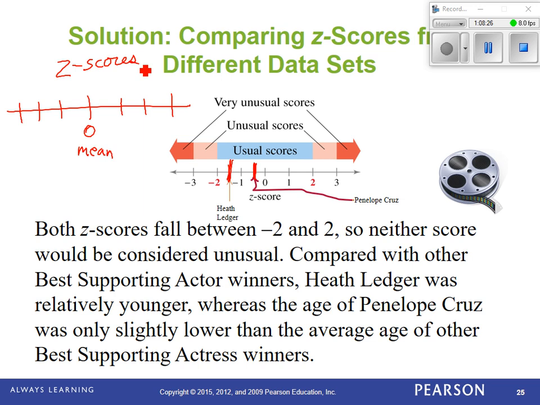This number is just 1 because it stands for 1 standard deviation above, 2 standard deviations above, 3 standard deviations above. And down here it's going to be -1, -2, -3. So that's our little number line that we're going to use like we were using with the other scores, but this is if we change them all into Z-scores.